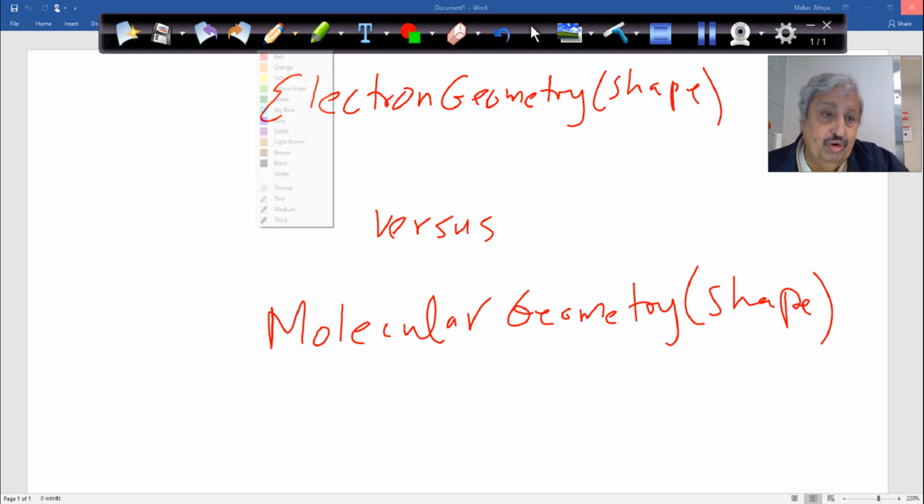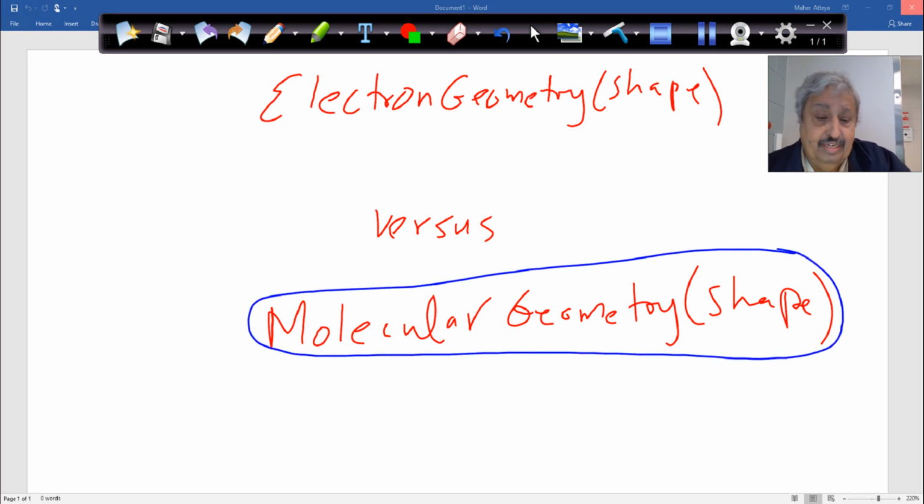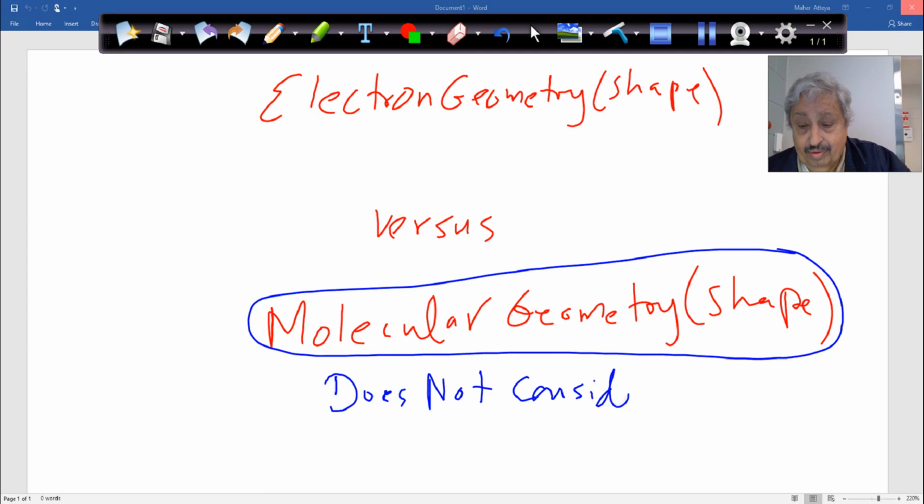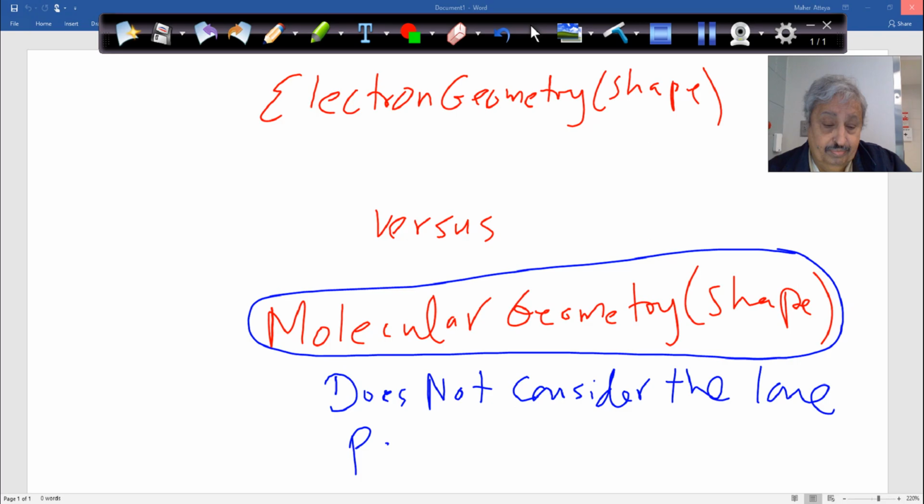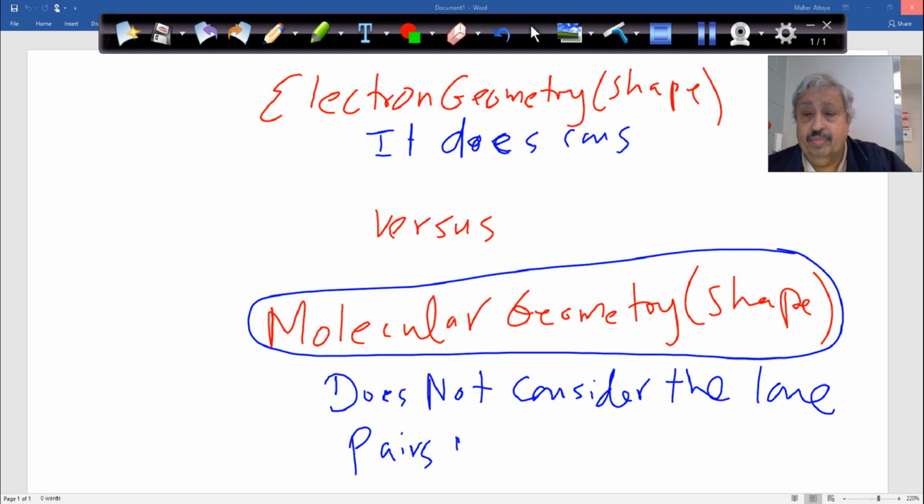So the molecular geometry here does not consider the lone pairs. Here, electron geometry does consider the lone pair or the lone pairs.